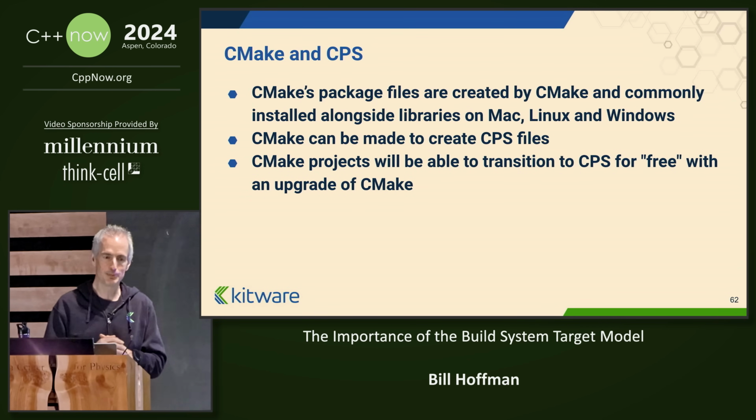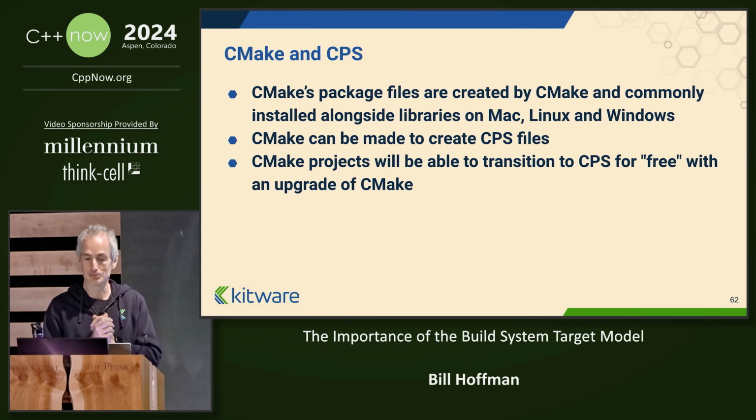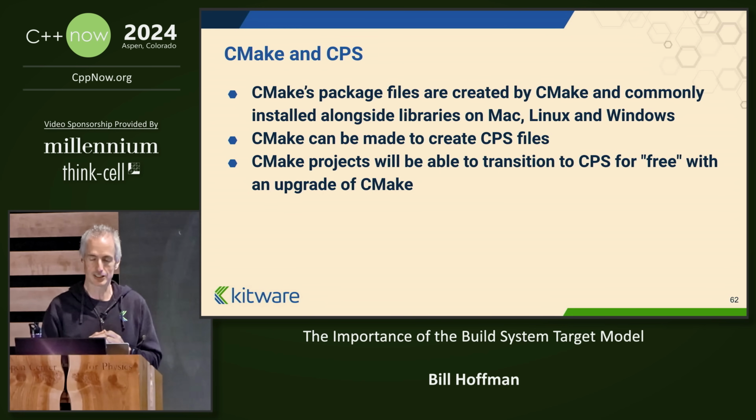So CMake and CPS. CMake's package files are created by CMake and commonly installed alongside libraries on Mac, Linux, and Windows. So we've got a big market share. CMake can be used to create CPS files.